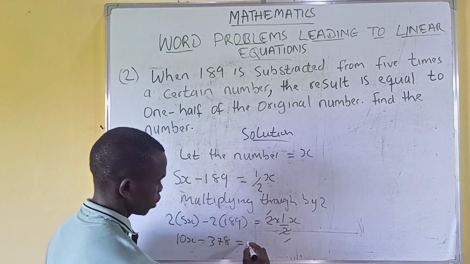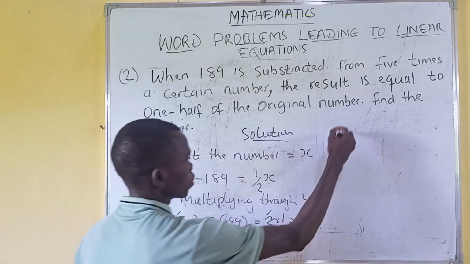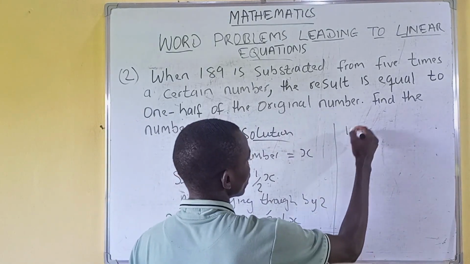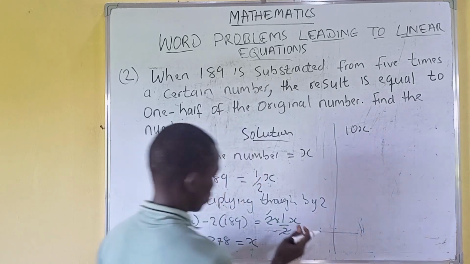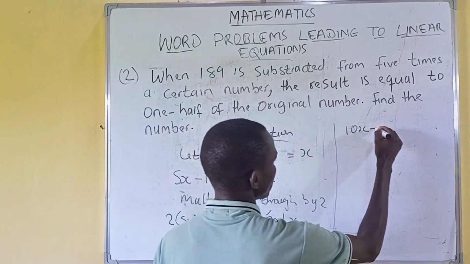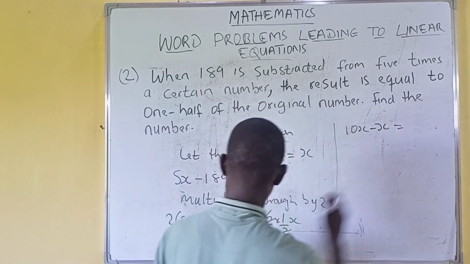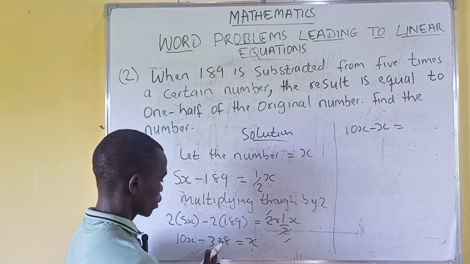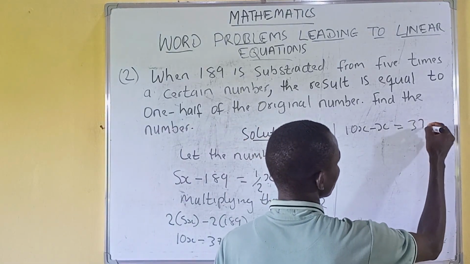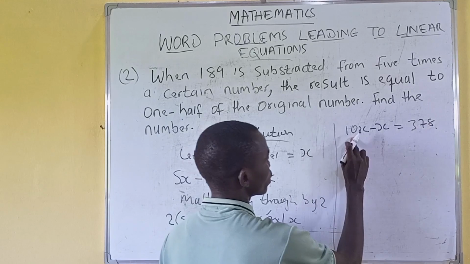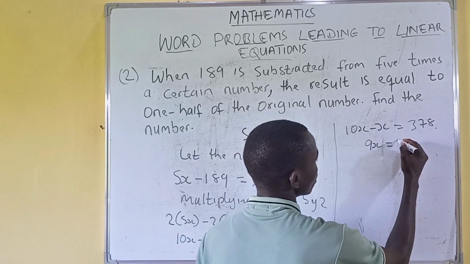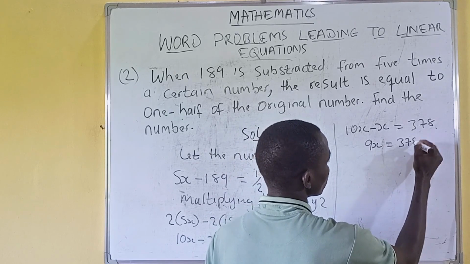is equal to S. So when you collect like terms, this will be 10S, move this to this side and this to the other side, minus S is equal to, when negative 378 moves to the other side, we have positive 378. 10S minus S, we now have 9S, which is equal to 378.